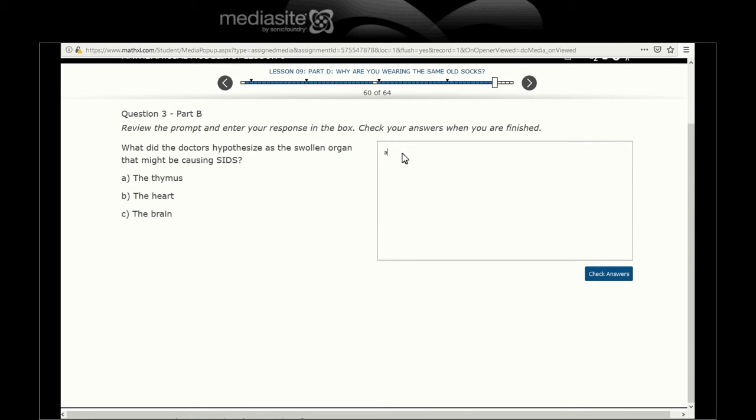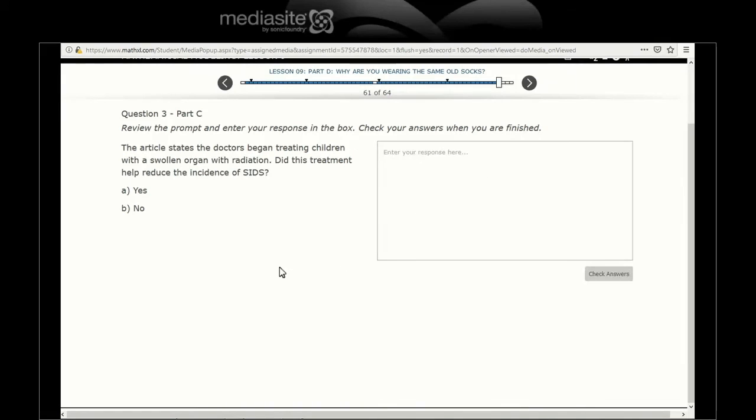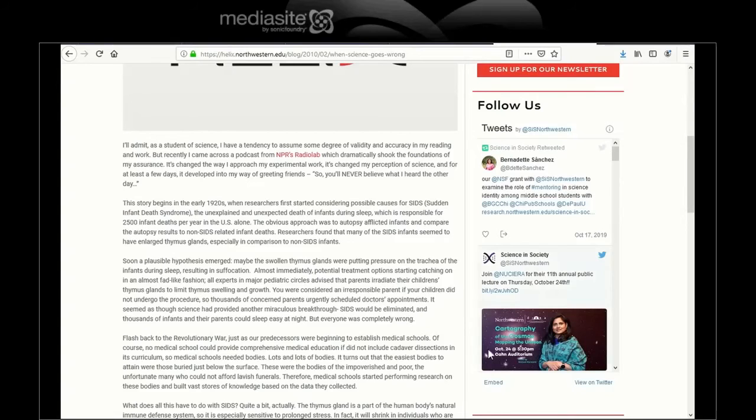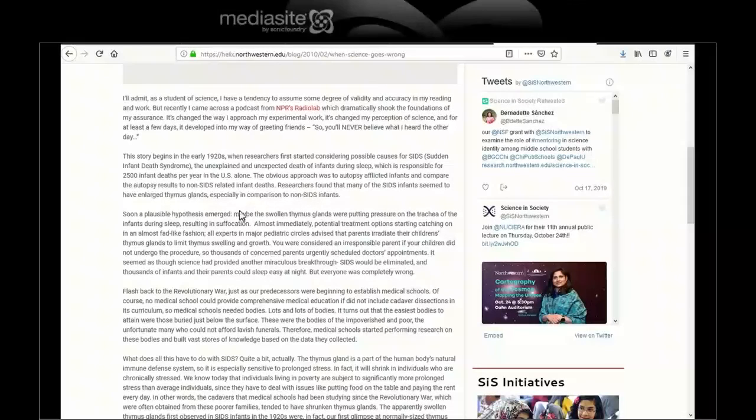I'm not pre-med. Pressure on the trachea, somewhere in the throat, I guess, causing suffocation. Interesting. The article states the doctor began treating children with swollen organs with radiation. This treatment helped reduce the incidence of SIDS. Eesh. Radiation, nowadays. Putting pressure on the trachea.